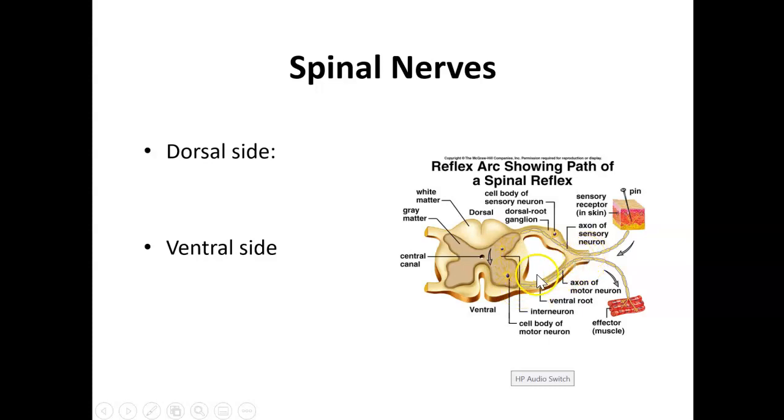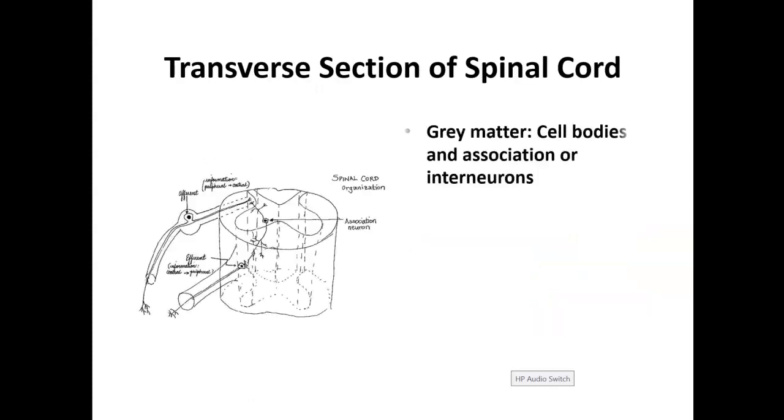And then again, you have the spinal nerve. Remember the white matter tracts? We're going to talk about those in a little bit. They're white because they have the myelin sheath of the neurons that are coming to and from the brain. So again, review your lab material. That will help you with that section of the lecture.